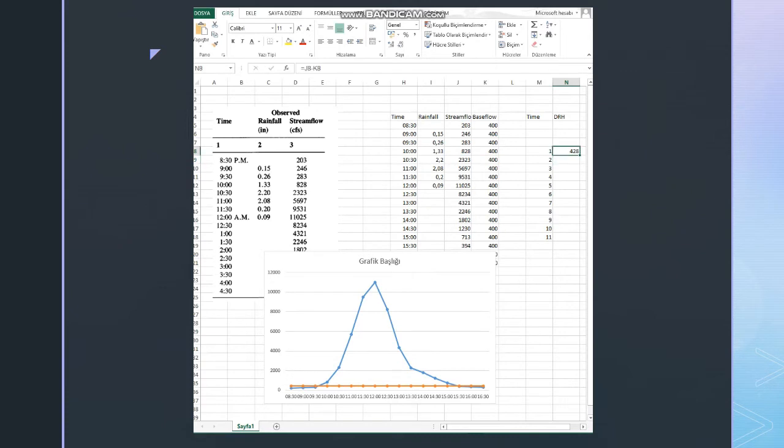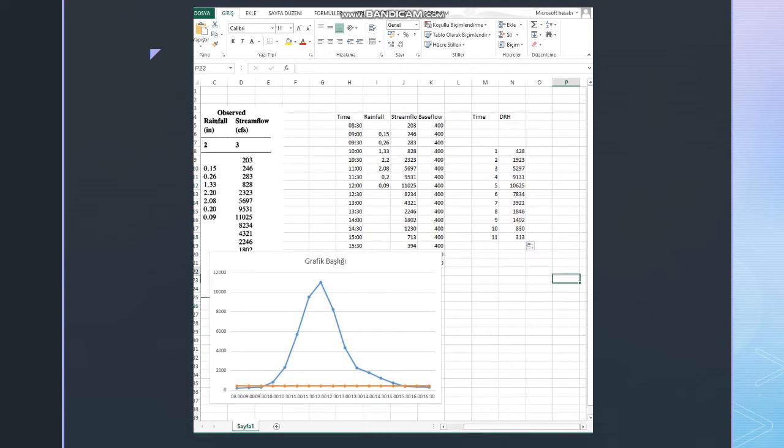Then we scroll down and calculate it here. Then we can stop over here to calculate our excess rainfall hydrograph parameter in order to find what rainfall occurs.